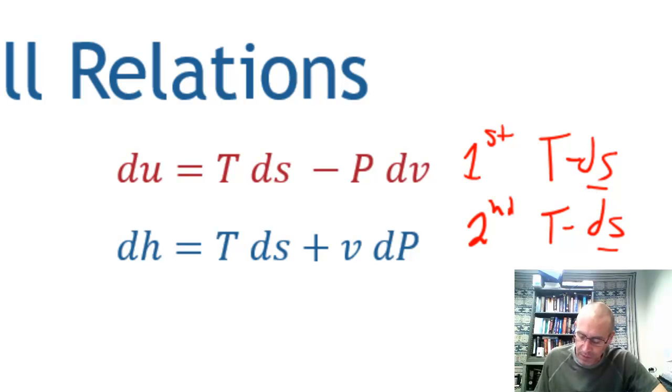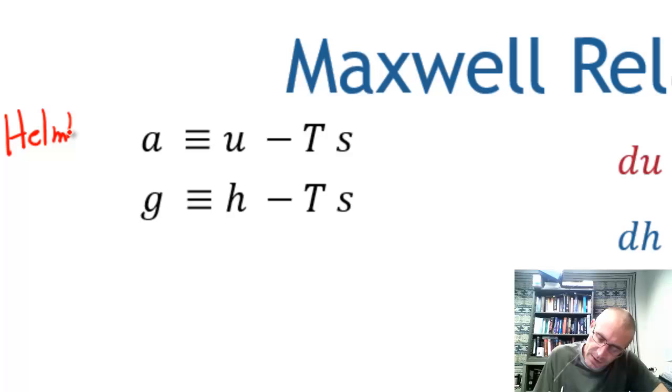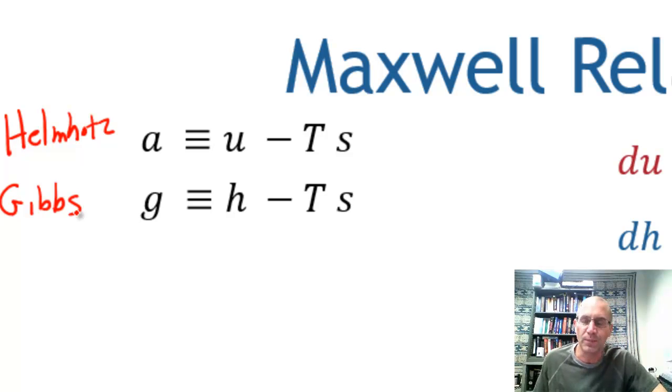Well, we're going to use those here in a moment, but before I do that, I want to introduce two new properties. They're called the Helmholtz energy, or the Helmholtz function, and the Gibbs energy, or the Gibbs function. So this one right over here is called Helmholtz, and it's usually given the symbol A, and this is the Gibbs, and this is given the symbol G. And I've written them here with this triple equal sign because these are really just definitions.